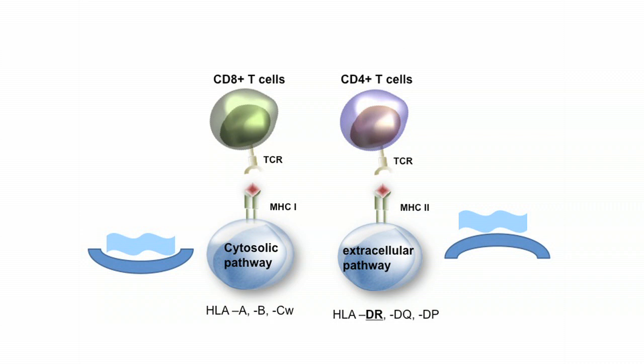He was going in depth into this pathway, showing that CD8 T cells recognize their antigen through the MHC class I pathway, and the HLA alleles are HLA A, B, and C. In contrast, CD4 T cells recognize their antigen through the MHC class II pathways, and this is HLA-DR, DQ, and DP. And the DR alleles are the most polymorphic, so they have the most variation within this molecule.